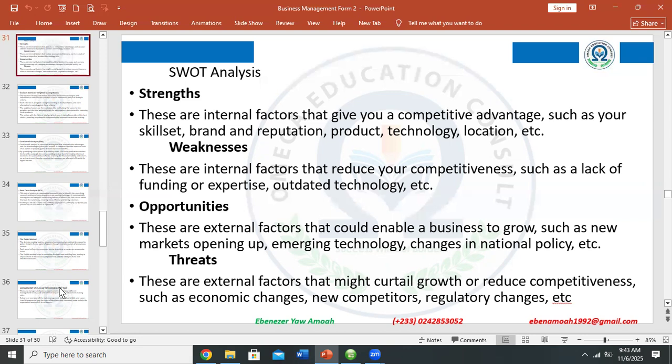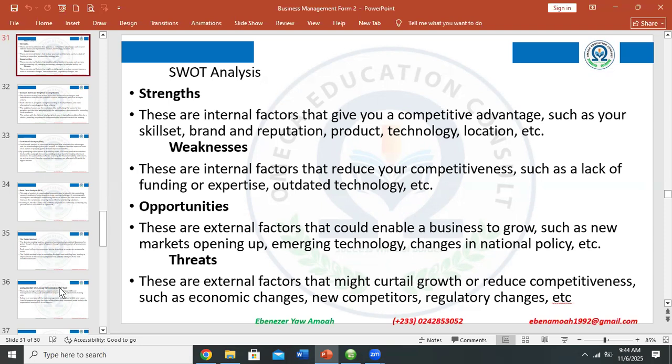So when we pick the strengths and weaknesses, for example, let's take MTN Ghana Limited. Some of the strengths and weaknesses of MTN Ghana Limited comprise all the factors that MTN can manipulate or influence. For example, the qualification of employees. This is something MTN can manipulate because they have control as to who to employ and who not to employ. So they can tap into this good quality of workers to excel in their dealings.